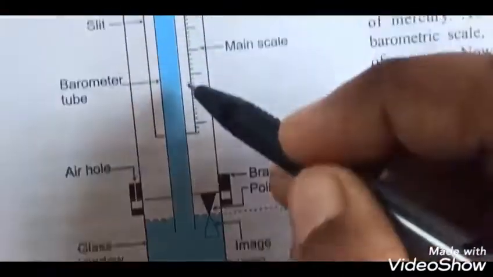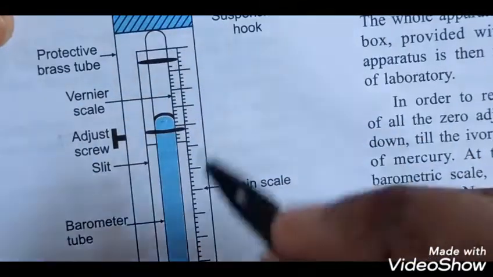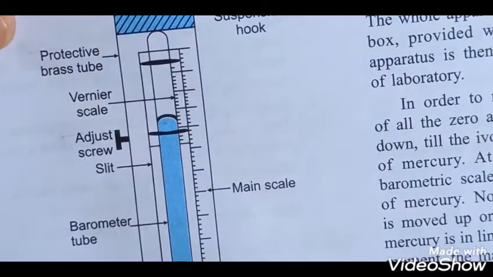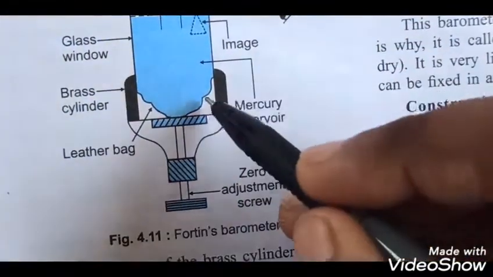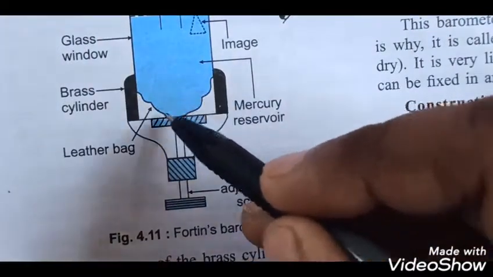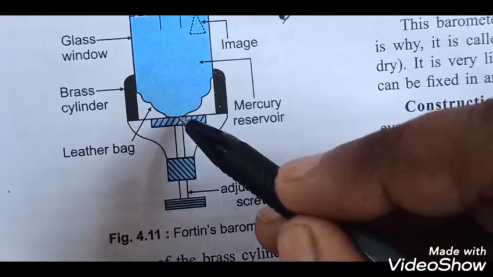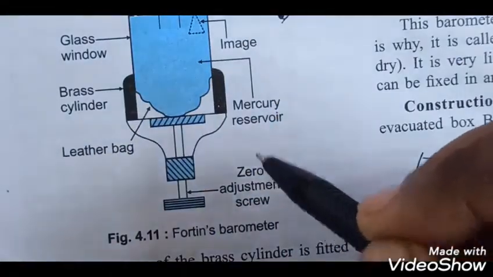The brass part is cut here in the middle, and glass is put in place, so that we can see the barometric height inside it, right? Now this part is leather, which means the bottom is loose. Now it's a loose bottom. In the brass cylinder it is fitted, right?